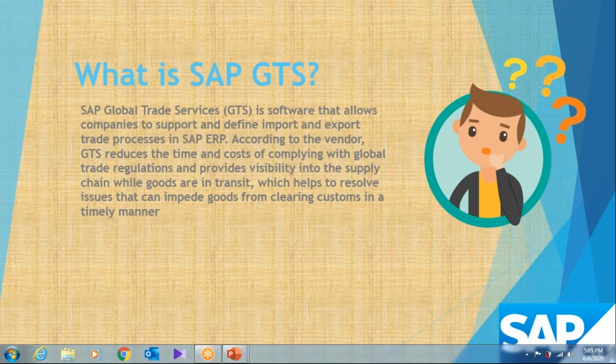When we talk about exporting across borders, it has to deal with certain regulations that the country has imposed. Every organization has to comply with the regulations imposed by each and every country. That is basically what helps the business, by using the SAP GTS software.